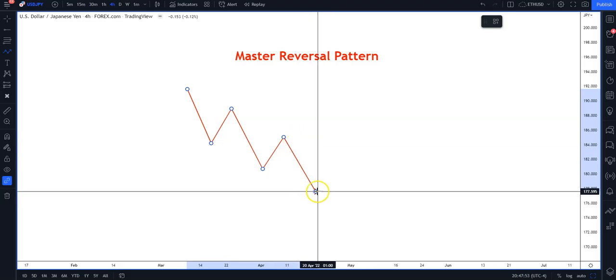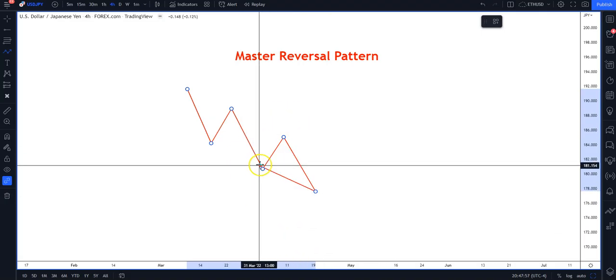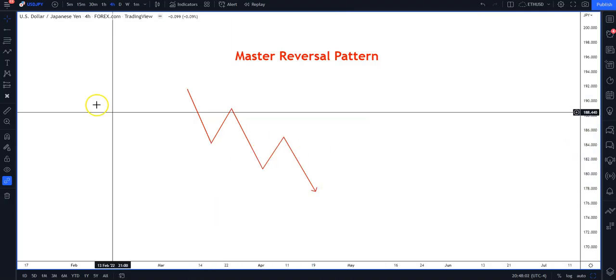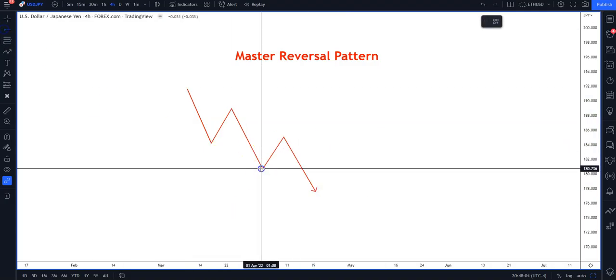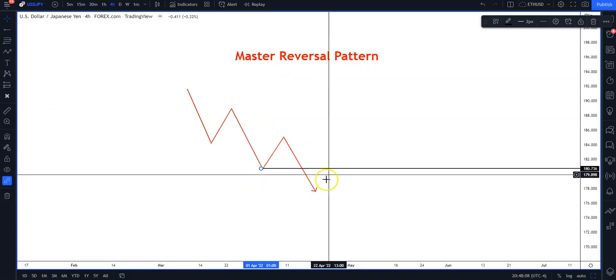So as it goes down, what tends to happen when price reverses is this, right? This is what tends to happen. The previous low that was created gets breached.